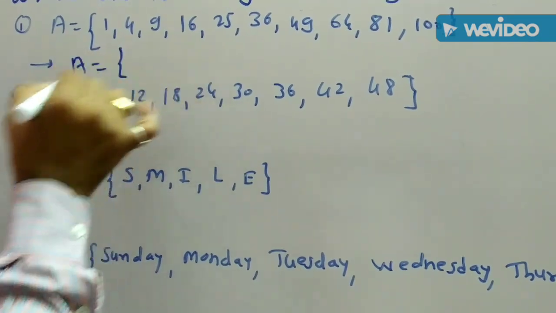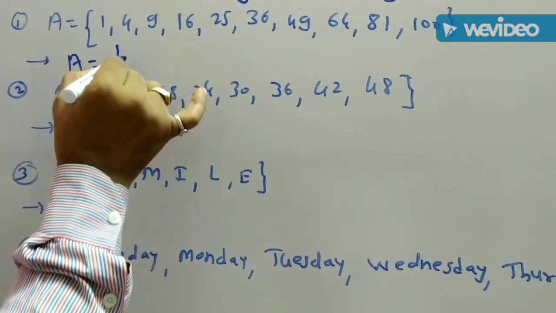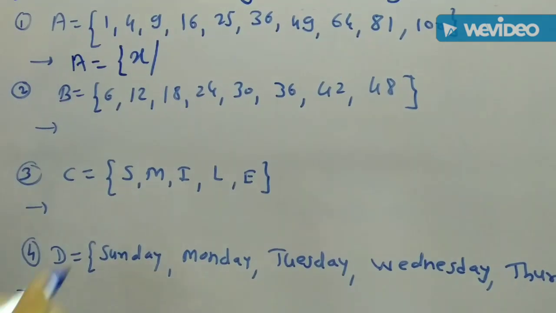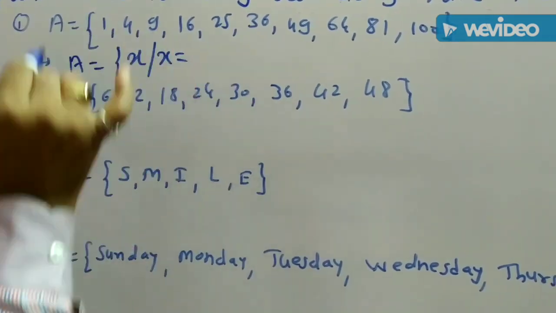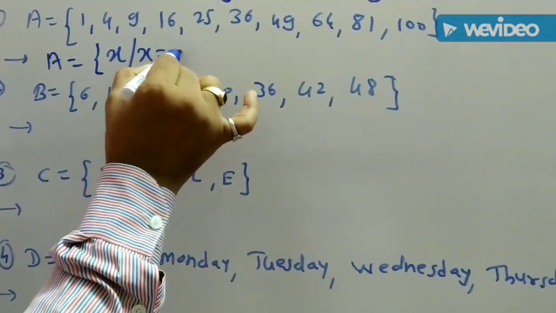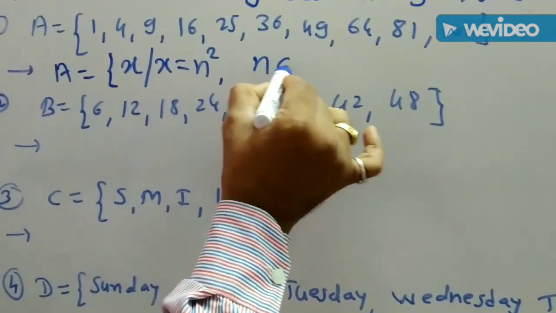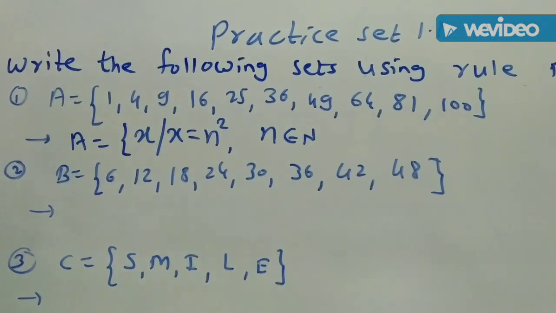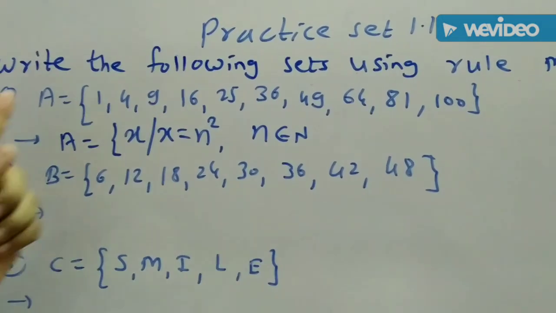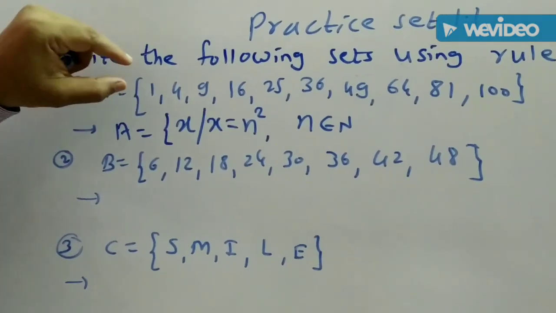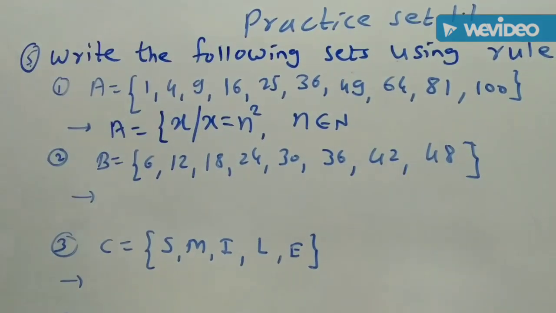Therefore, we write here A is equal to the set of x such that x is a perfect square, and therefore we write n squared. What is n? n belongs to the natural numbers, that is, n is a natural number, and the objects given are the perfect squares from 1 to 100.